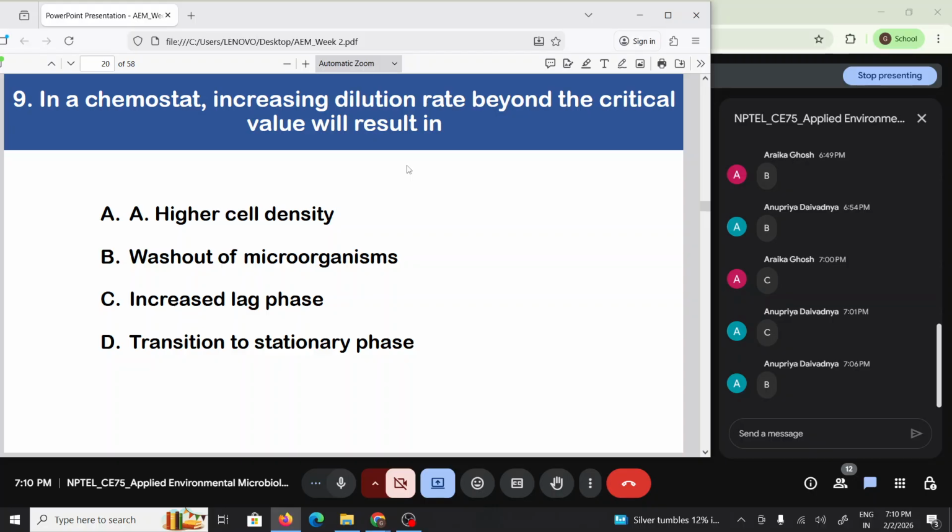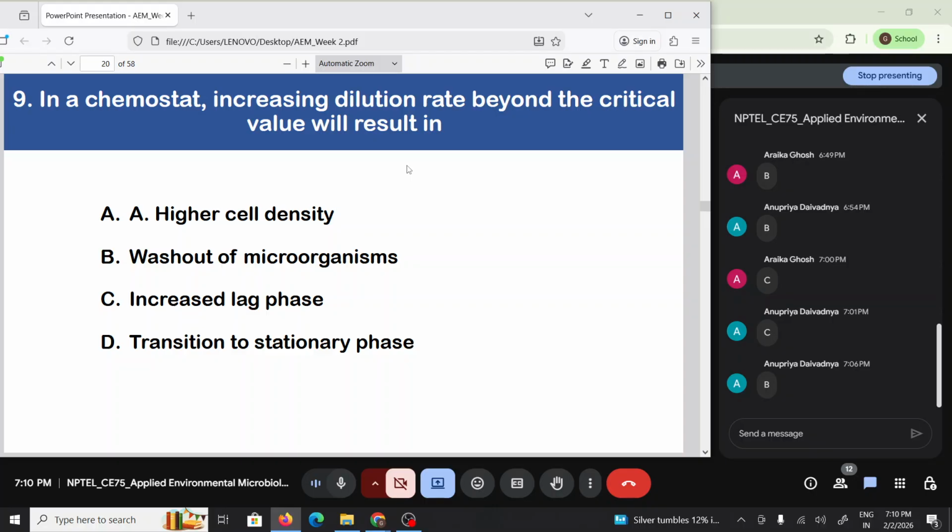Let's say we have the dilution rate and this growth rate compatible to each other, then there will be a steady growth of the microorganism. So even if you remove some amount of the mixture outside, you will still have enough microorganisms to continue the process and utilize the substrate that is being freshly added into the system.